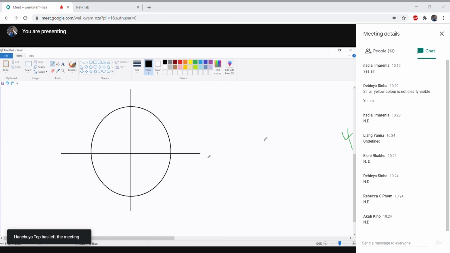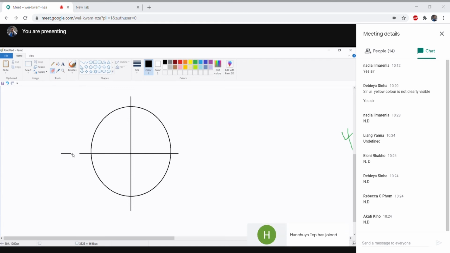I'm not writing this one, I'm just writing the values of angles, so that it will be easy to understand. So here this value is 0, this value is pi by 2, this is pi, and this is 3 pi by 2.